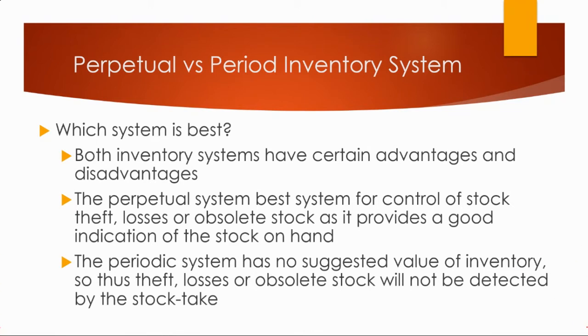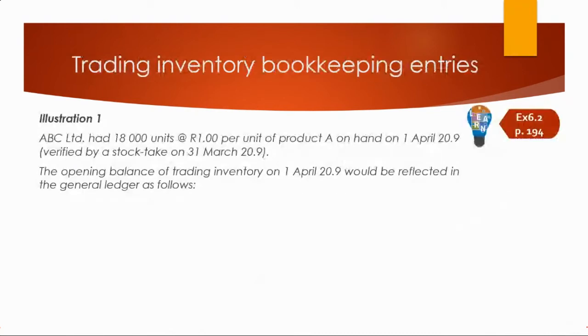Okay, let's move on then. Okay, so now in your textbooks, you can follow on page 194 is the examples in your textbooks. We're going to go through this just to explain to you the difference between the perpetual and the periodic one by showing you a specific transaction and then how that reflects in both the perpetual and the periodic to help you distinguish between the two.